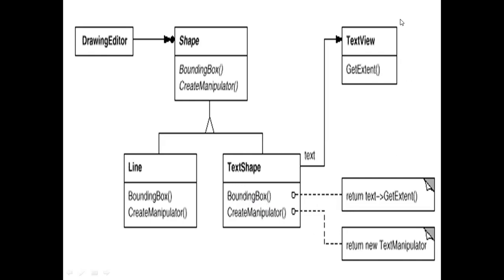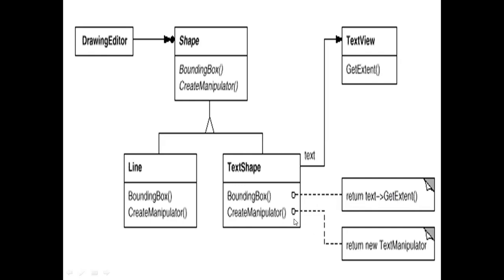But we create a text view adoptee class and implement the get extent method here. And this get extent method will be used in the bounding box operation of the text shape. So we can use here the object of text view as text here, which will be calling the get extent operation.